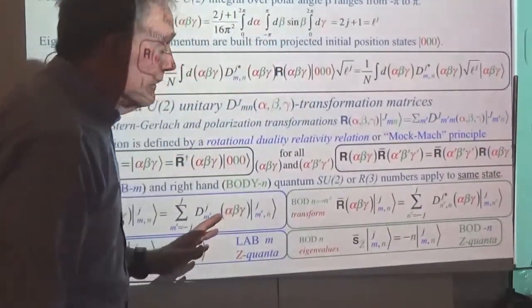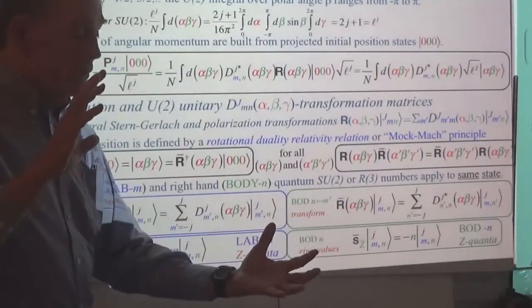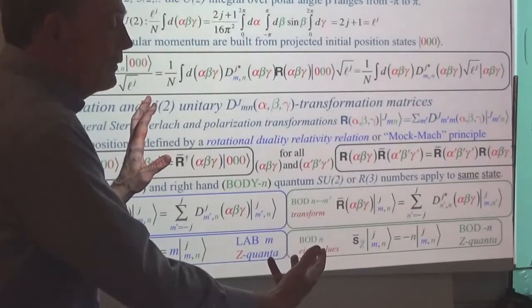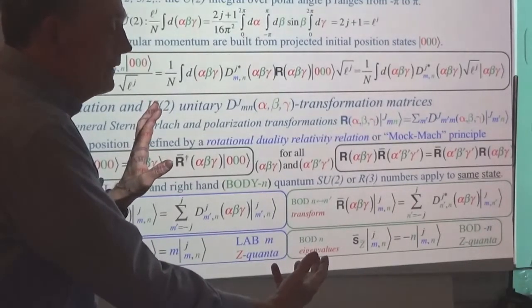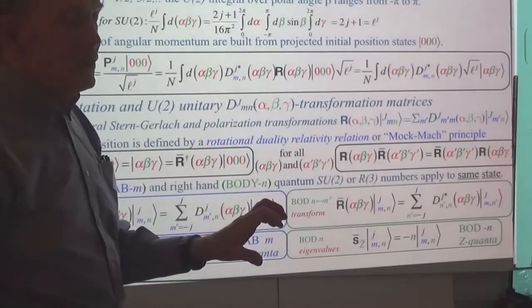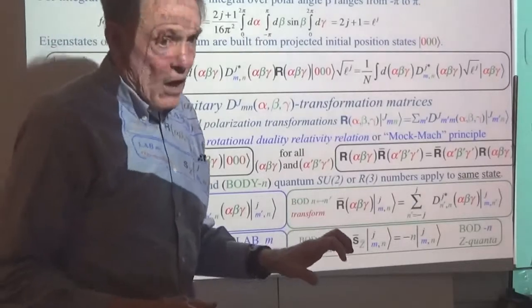That minus is there simply because if I reach and do a counterclockwise rotation myself, the body people would have to see it as doing a clockwise rotation of me.